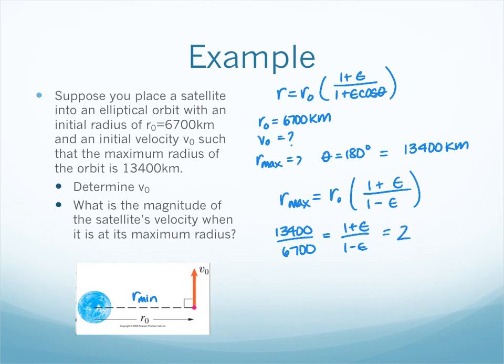And so from that, we can find that the eccentricity is equal to 1/3. And then we're going to set that equal to r naught v naught squared over G R E squared minus 1, and we can then solve for v naught. I'll leave it to you to do that math to see if you can figure it out. It should be 8,900 meters per second, so you can try it out and see if you get the correct answer.